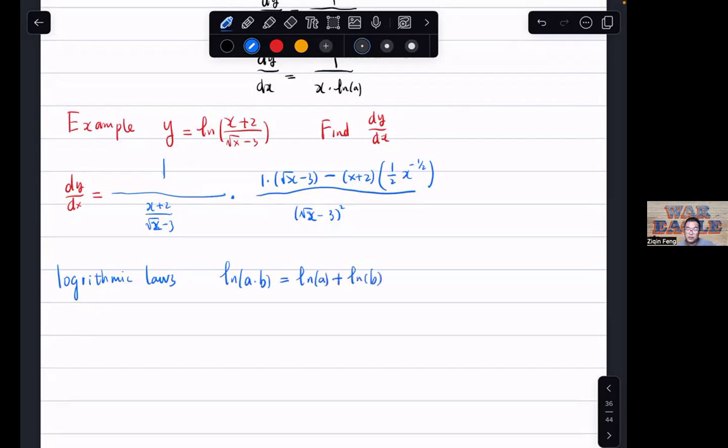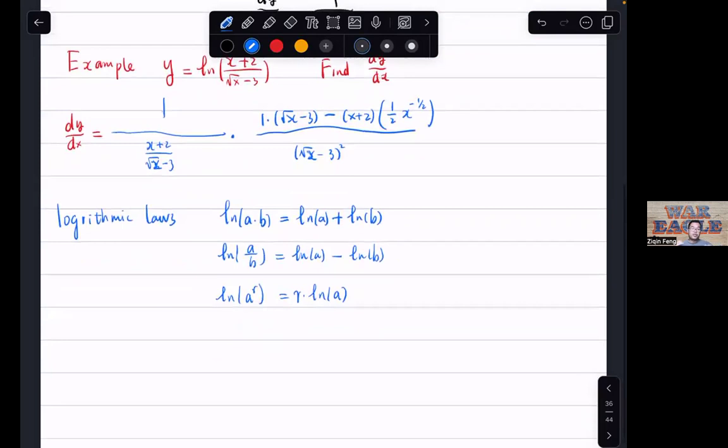Remember, ab has to be positive for sure. Natural log of a over b, you get natural log of a minus natural log of b, right? Natural log of a to the r is r times natural log of a, right?